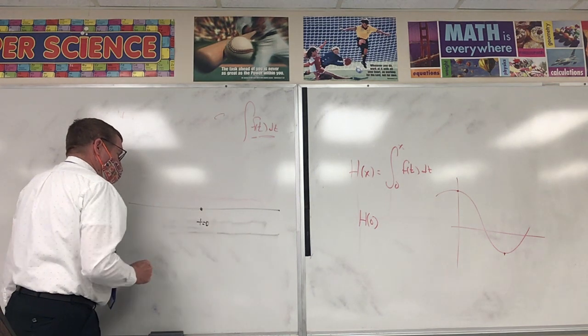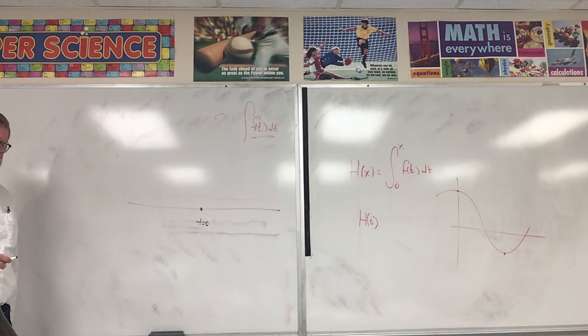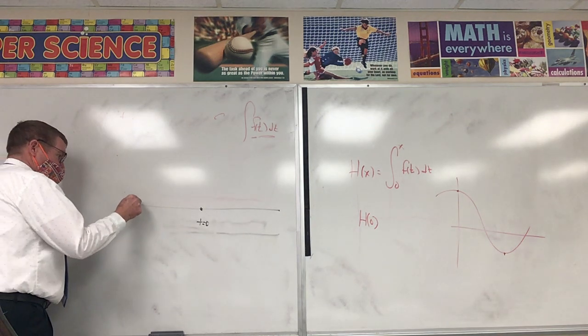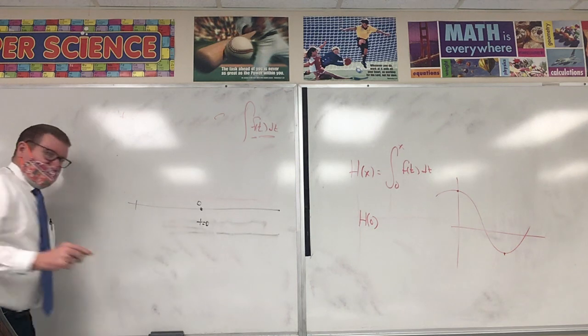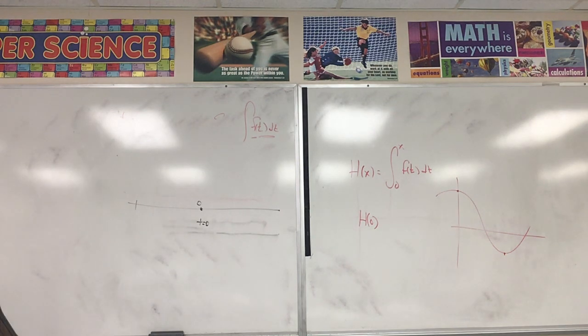Time equals 0. Time equals 3, where am I at? 0. Time equals 3, what did they say my displacement was? What did we say our displacement was? No, we didn't say that. Look at the graph again.